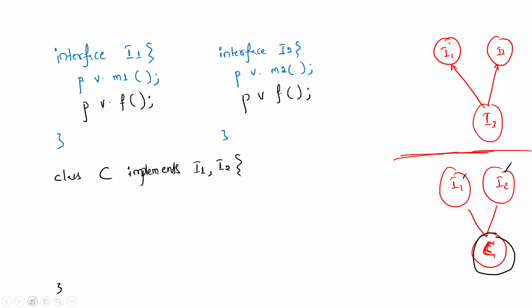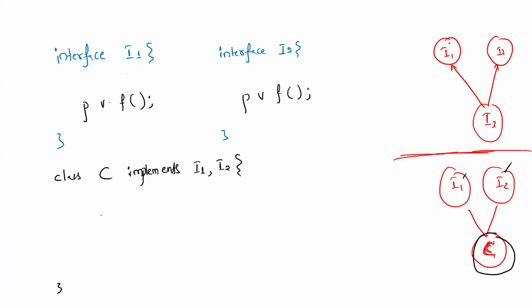Because these are different methods, any problem while implementing? No problem. So therefore, that scenario I'll take out. We can simply give the body for M1, we can give the body for M2. In class, there is no problem. So our problem comes if it is the same method only. That's what the situation is. Now, class C has how many methods? 2 methods.